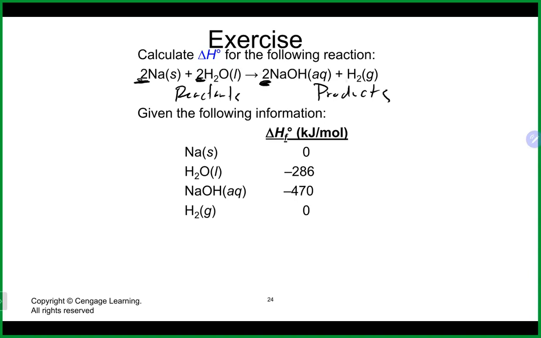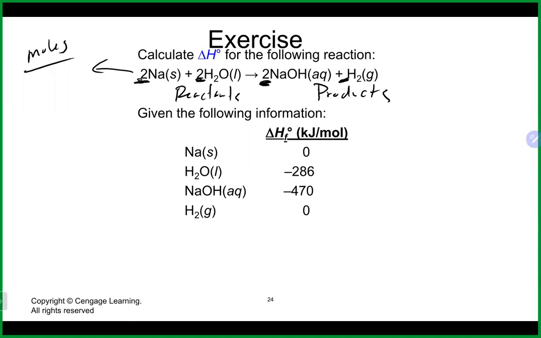And these coefficients are what are referred to as the moles of each of those things. So we could say that there are 2 moles of sodium, 2 moles of water, 2 moles of sodium hydroxide. And if there is nothing written in chemistry, it is assumed that it is a 1, not a 0. So 1 mole of H2 in this case.